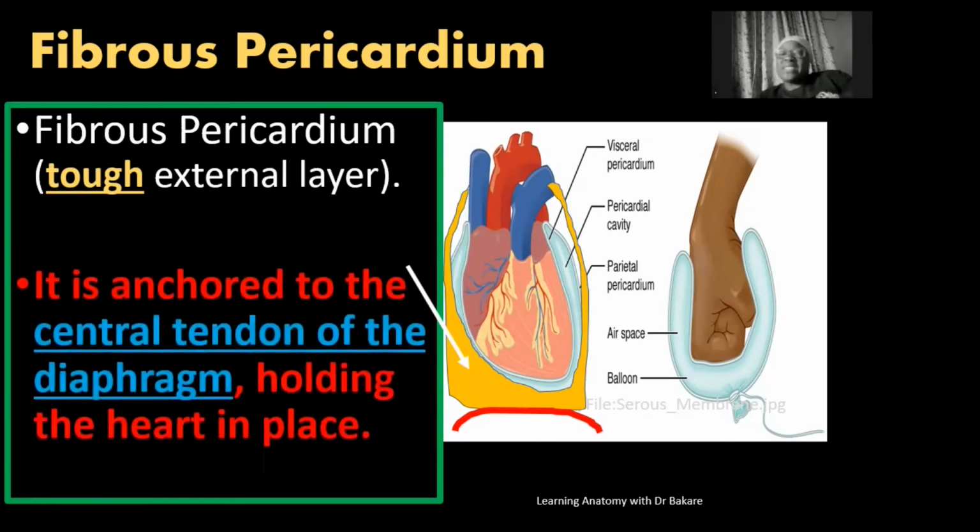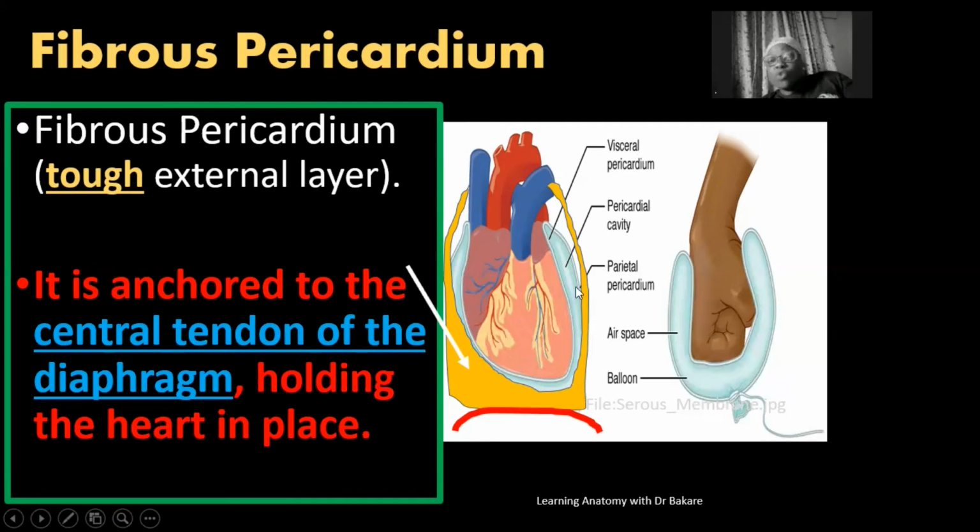This structure is connected to the central tendon of the diaphragm. If you look at how it is being held, we see that at the inferior part, there's a strong connection between the fibrous layer of the pericardium and the diaphragm. This is the diaphragm highlighted in red. So it is attached to the central tendon of the diaphragm, and to add, when we highlight the function of the pericardium, we say that it helps to control or hold the heart in place because the outer covering is connected to the diaphragm.